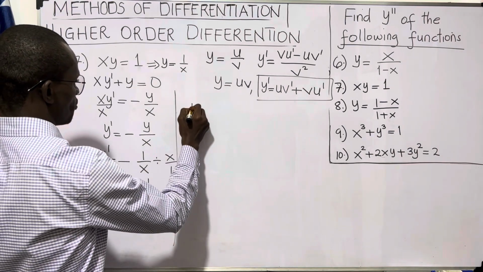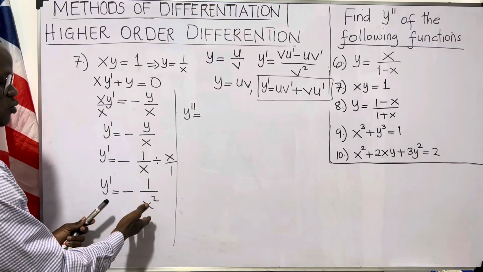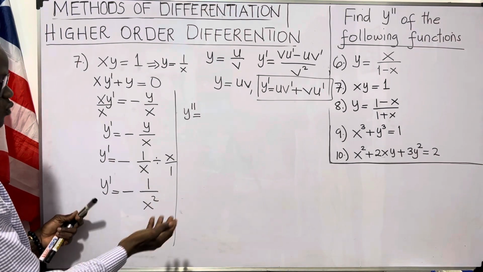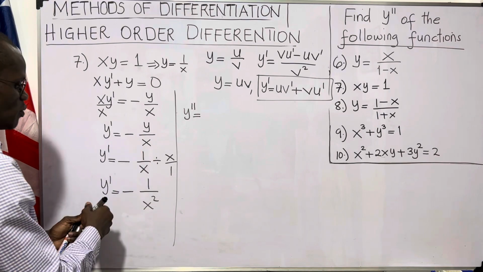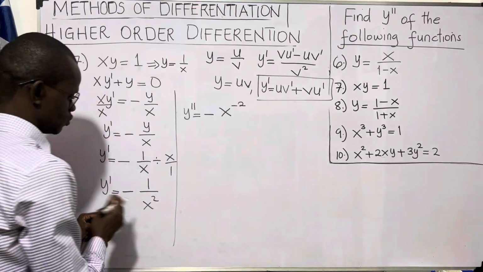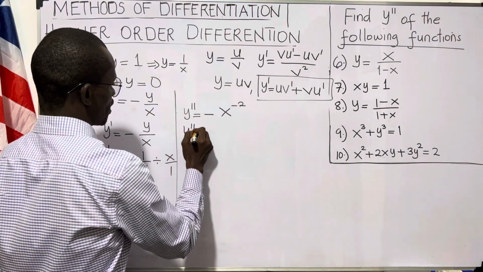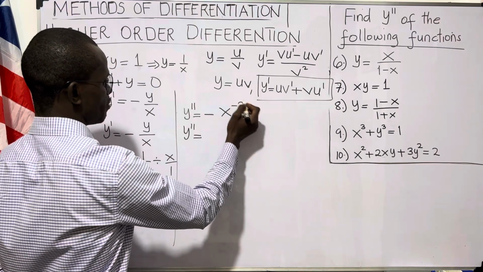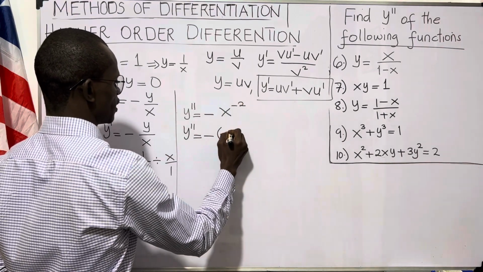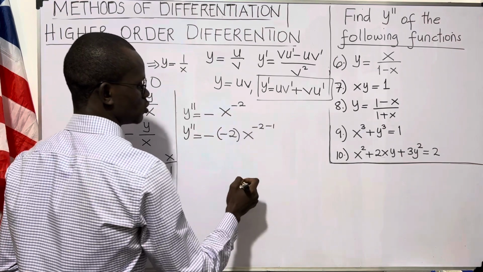So y double prime equals, in this case we can use the power rule. Let's send this term to the numerator, so that becomes x raised to the power minus 2. We bring this entire minus 2 down, minus 2, and we subtract 1 from minus 2.